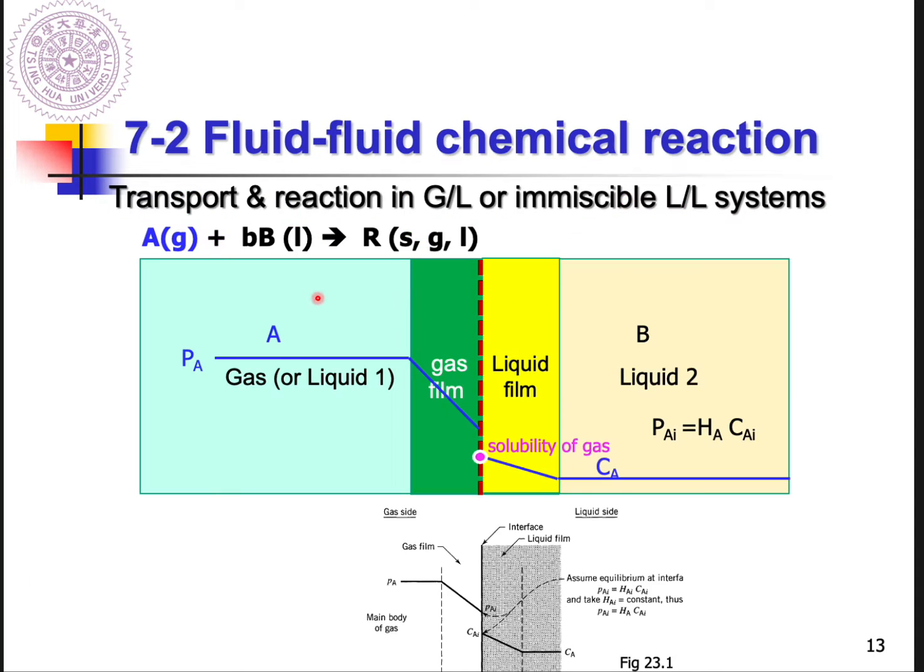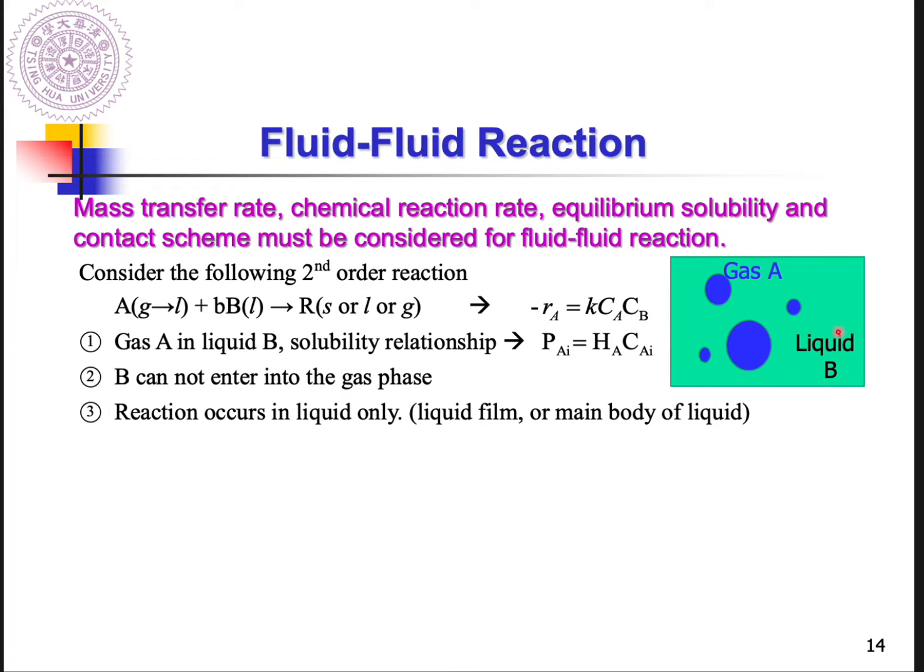For this case you put A here, B here, right? But in another case you bubble the gas A into the liquid B. And sometimes you just have a beaker, you put the liquid there and you just put the gas on top of it. So this is the contact scheme or contact mode between gas A and liquid B. You need to consider all the parameters and situations for your experiments.